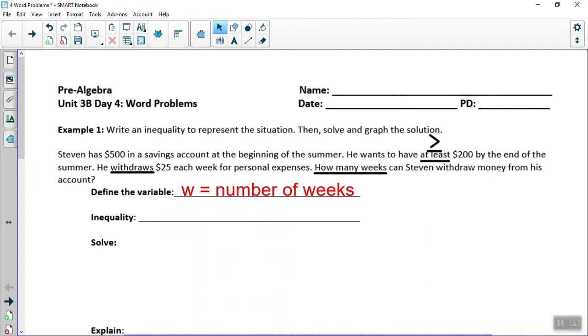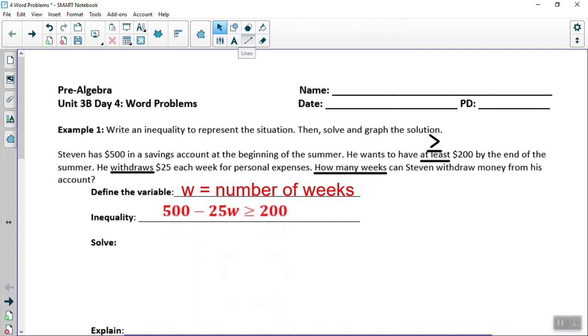That keyword each means we're going to multiply. So 25 times the number of weeks. Right? I'm going to subtract that from that 500. So there's my 500 that you started with minus the $25 each week needs to be greater than or equal to $200.